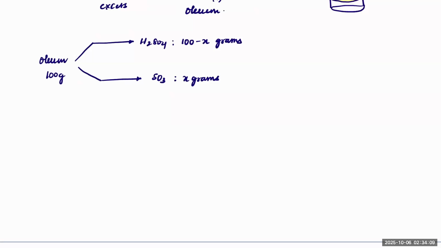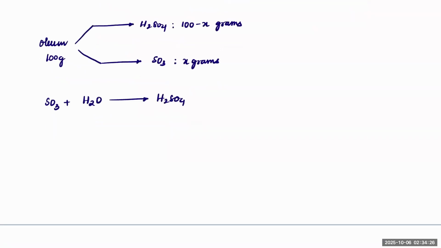Now, I am supposed to add some amount of water to oleum so that the excess amount of SO3 present will also convert into H2SO4. That is what we are supposed to do.